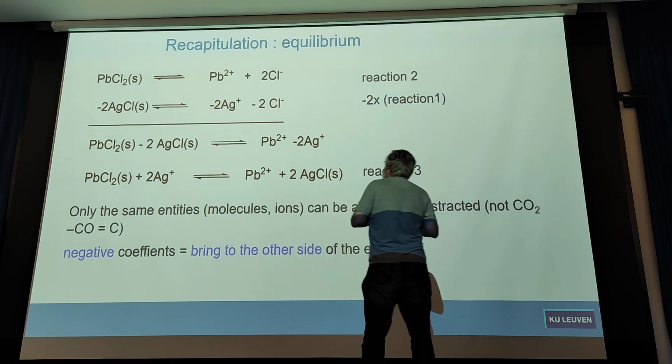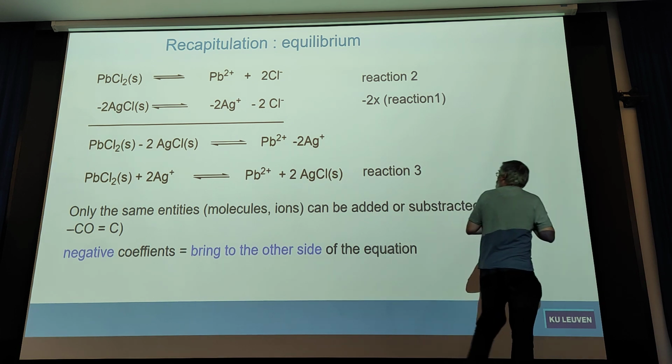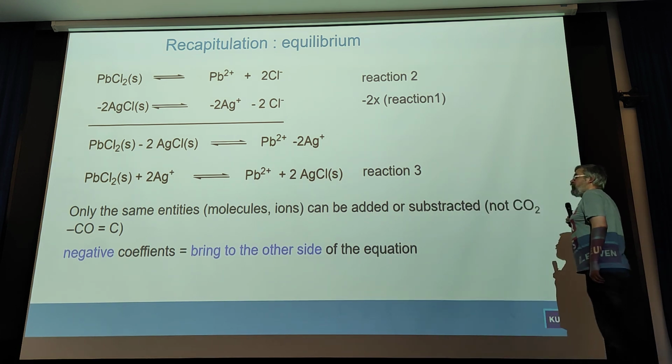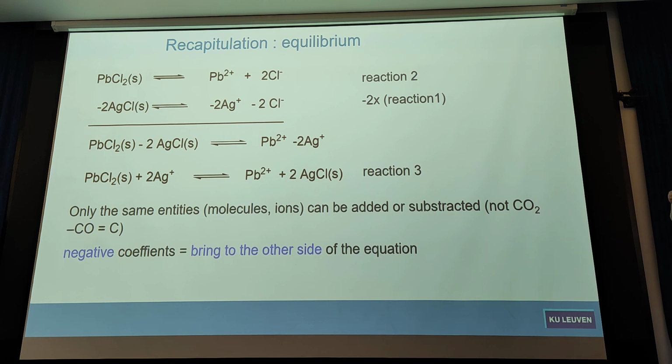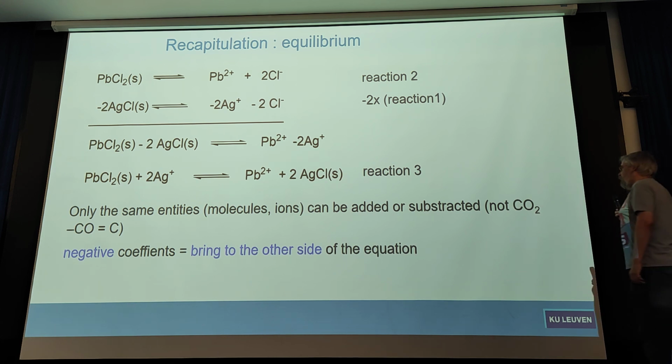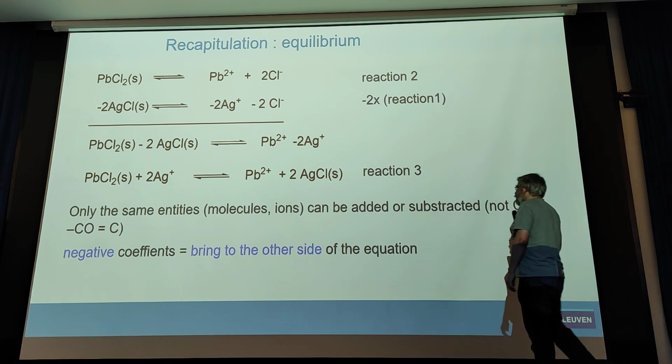So I really write it here step by step. And indeed, you can see that it's actually true. The chlorides have been taken away, because they compensate each other. And so we have made our third reaction.